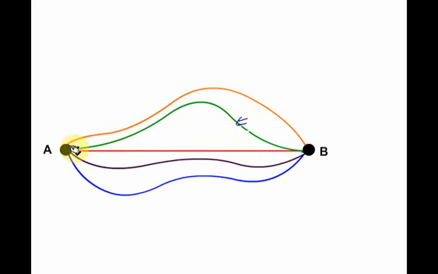Similarly, the path which is being represented by the orange line is different from the path which is being represented by the purple color line. And also the magnitude of displacement will be the length of the straight line between point A and B. So the red line here, the length of this red line will represent the magnitude of displacement.